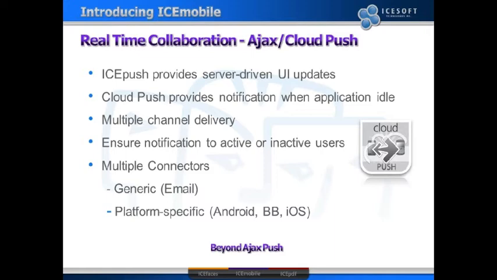Cloud Push supports several different cloud infrastructures and services, such as Google Cloud Messaging for Android, the Apple Push Notification Service, and the BlackBerry Push Service, as well as general email notifications. And we'll be adding more push adapters for different channels in the future as well.